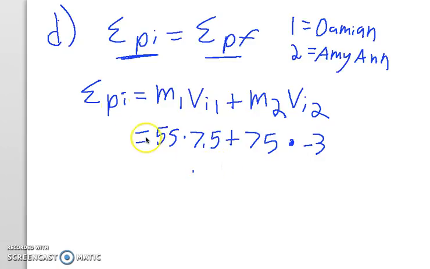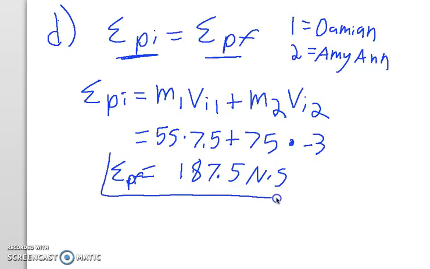If we add that up, we get 187.5 newton seconds, and that's going to be equal to the final momentum. So the total initial momentum is equal to the total final momentum. It's 187.5.